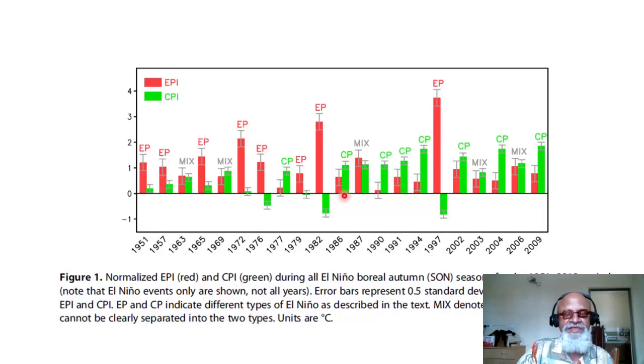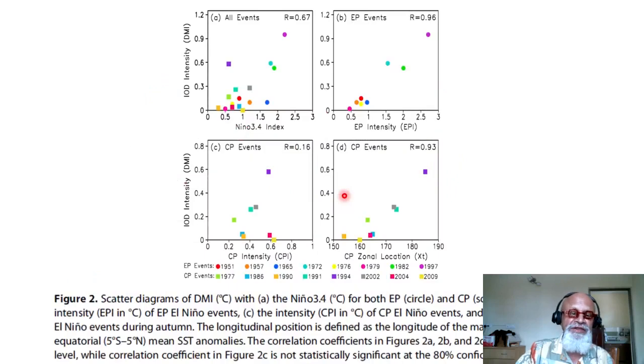Okay, so these are the indices, and you can look at it as Nino 3.4 in the Pacific versus the IOD intensity in terms of the DMI, and obviously Nino 3.4 can get much stronger than DMI ever gets. When you look at all El Nino events, you get a correlation of 0.67.